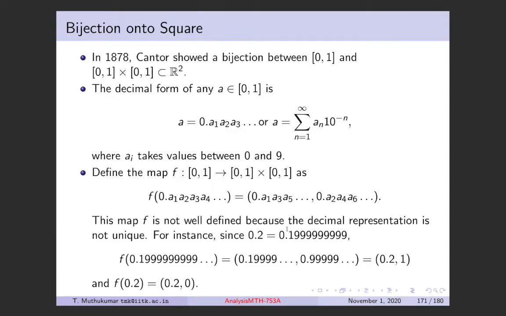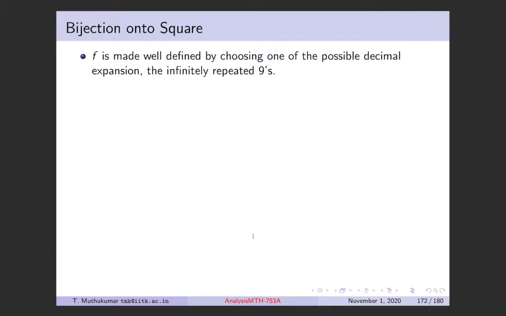We are going to consider only the infinitely repeated nines decimal expansion. So we will ignore this decimal expansion. In that way, we don't have any well-definedness problem. We have a unique fixed expansion. Okay.